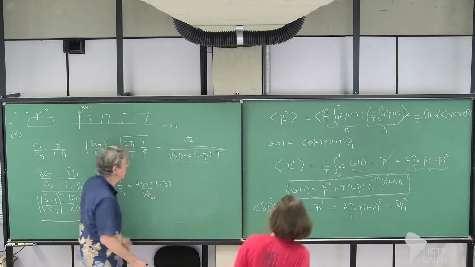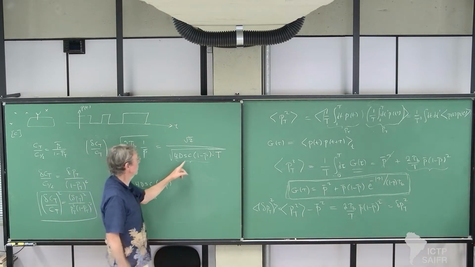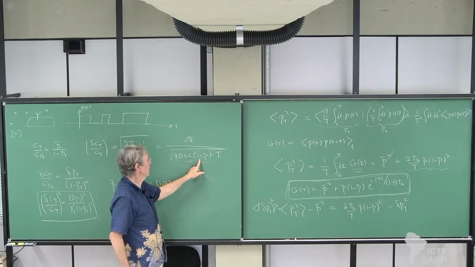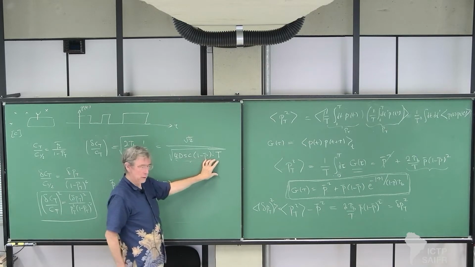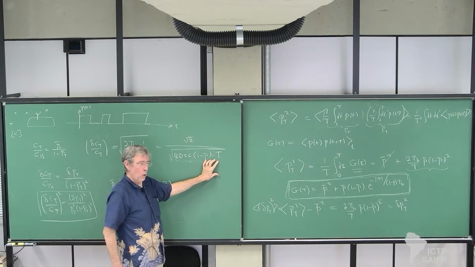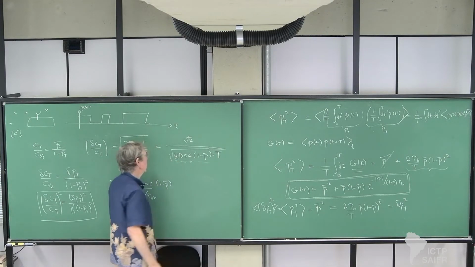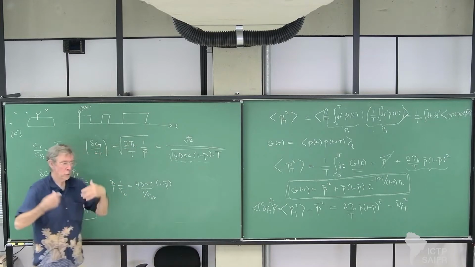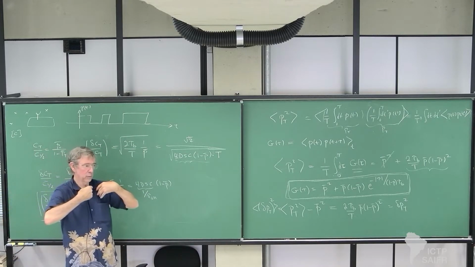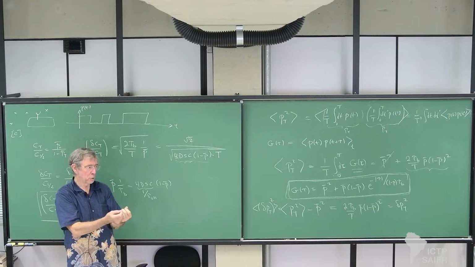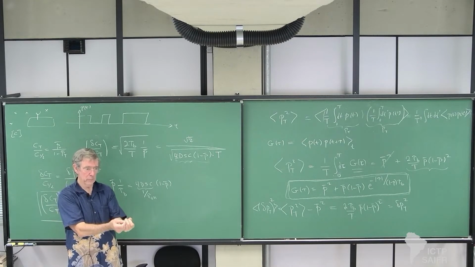And so the cute further thing is, what is this number that's in the square root? Well, this part is just the rate at which molecules are coming out of solution and hitting the receptor, okay?